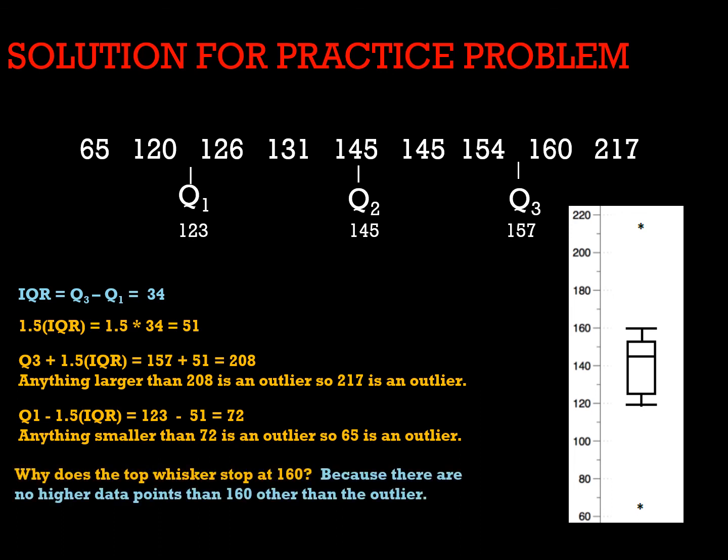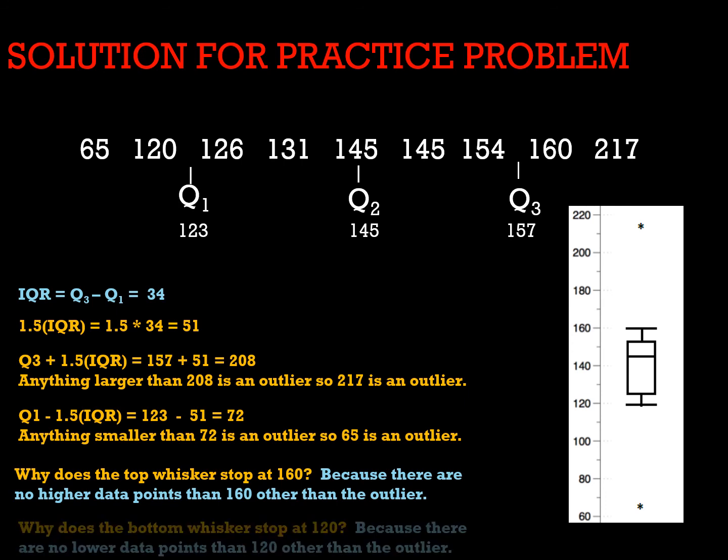Looking over to the right, you see that we have placed an asterisk at the 217 and the 65. In the inner box, the middle line is at the height of 145, which is Q2. Q3 is represented by the top of the box, and Q1 is the bottom of the box.